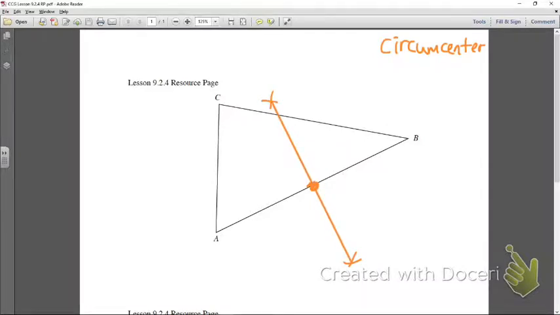Okay, we're going to draw the perpendicular bisector now, so go ahead and do that. We're going to do the same thing for AC and BC. I'm just going to work. Hopefully you're working too. Again, not accurate by any means. Above, below.